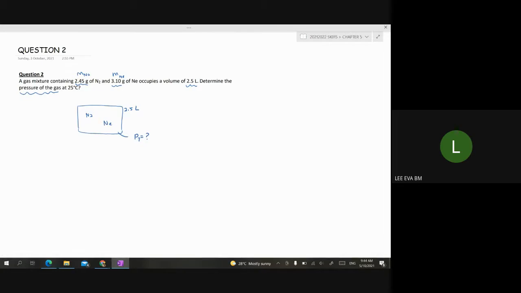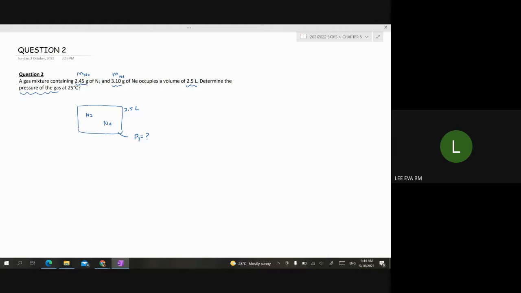Okay, so which formula can we use to find the partial pressure? Anything? What can we find? We want to find the total pressure, isn't it?